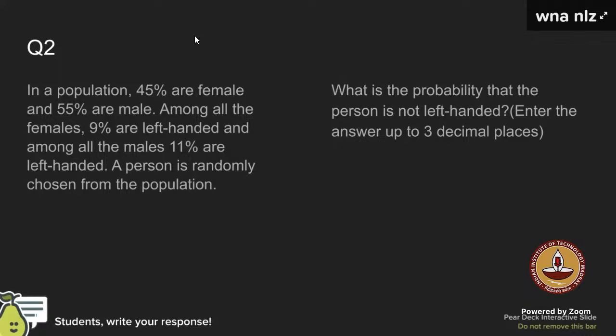Can anyone tell what concept you are going to use for solving this question? Sir, I'm using a tree diagram. Okay. Law of total probability. Yes. And then subtract from 1.